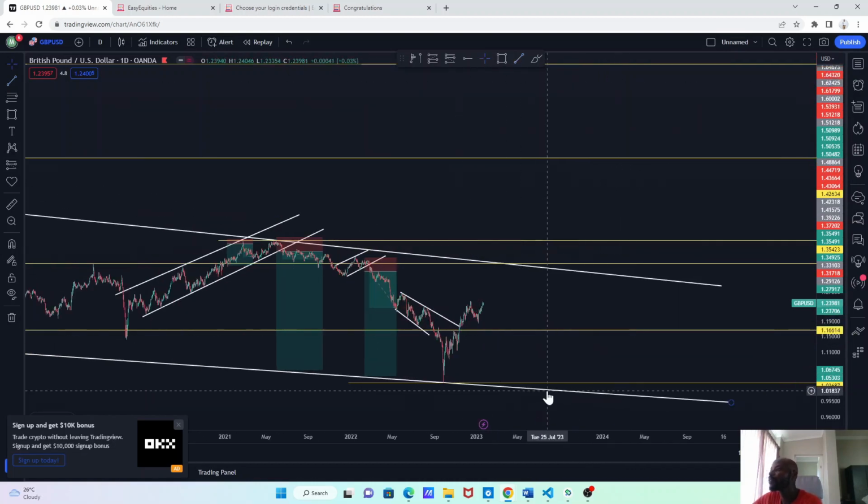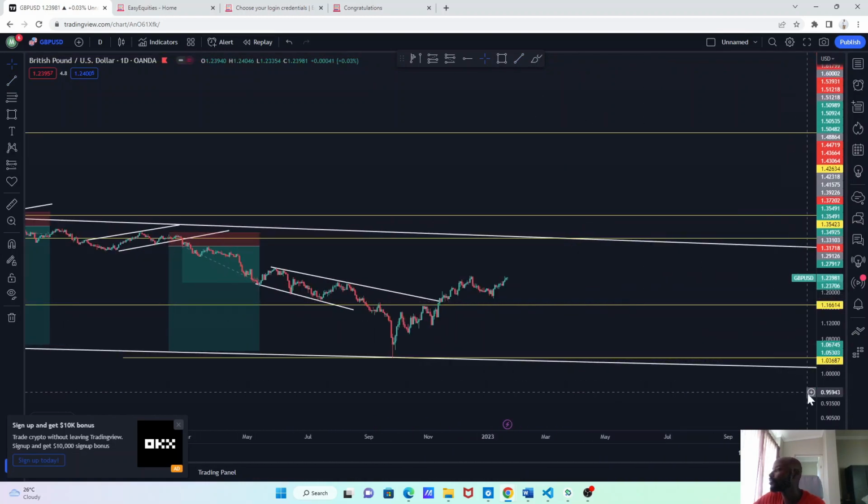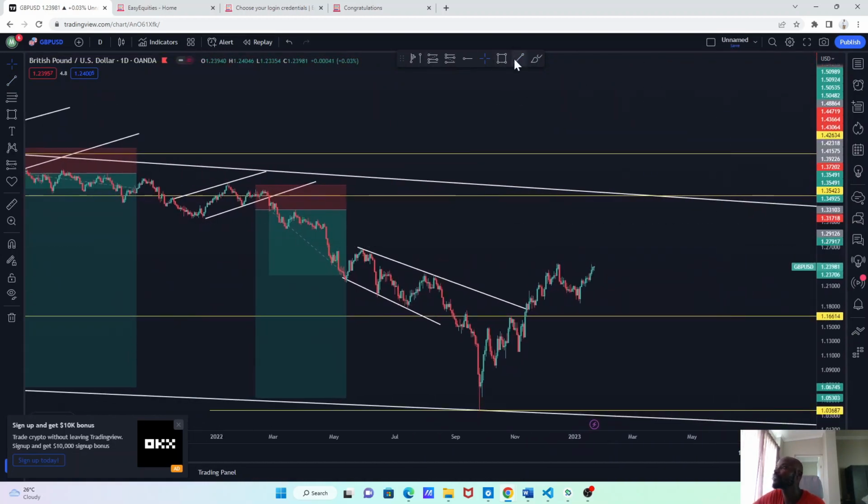Okay, then go to the smaller time frames. You just want to catch the big moves. You wait for that, and then the market has formed a double bottom here. You can enter at the breakout.